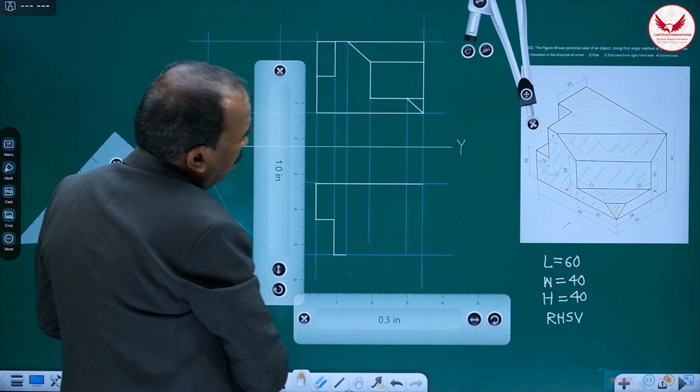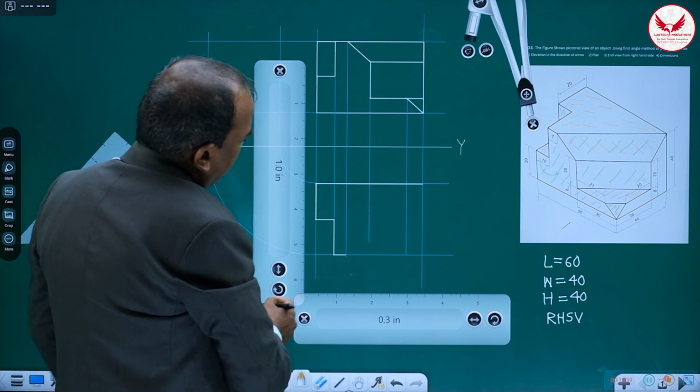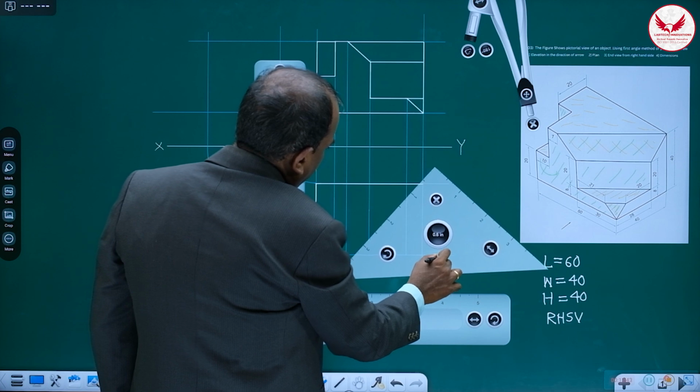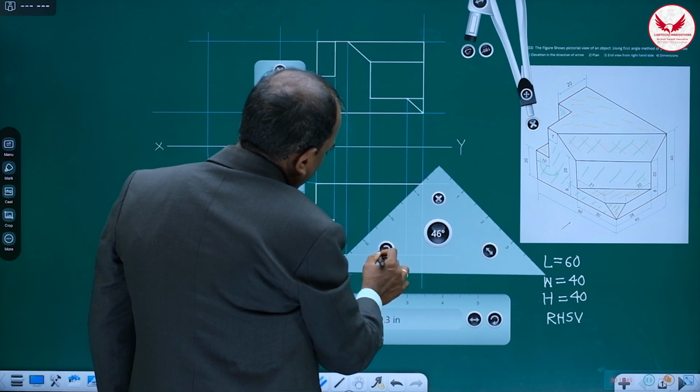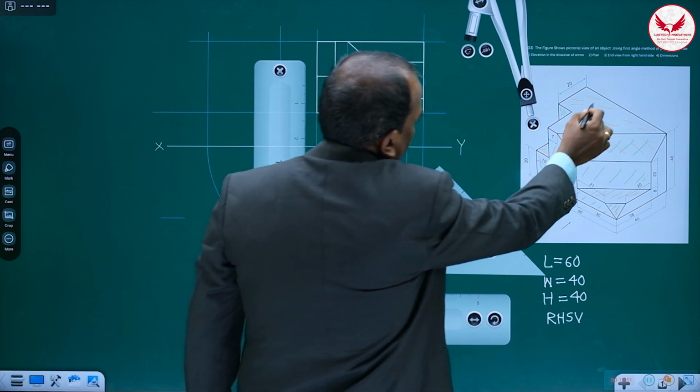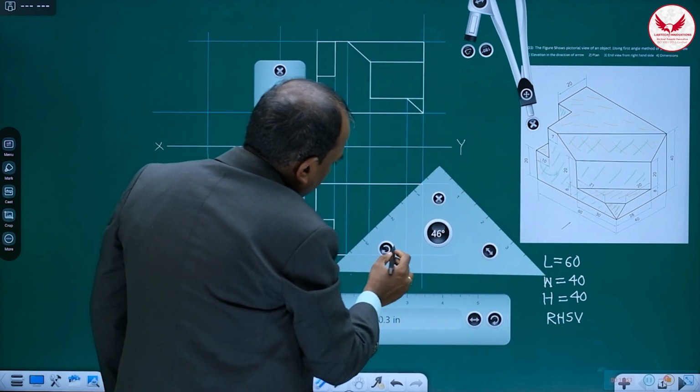it's horizontal. Then afterwards, all this portion is directly connected to this corner, so this topmost portion.